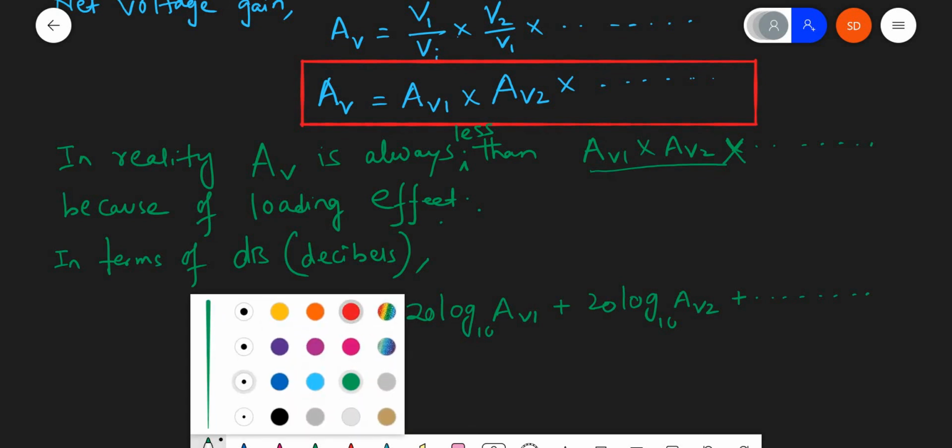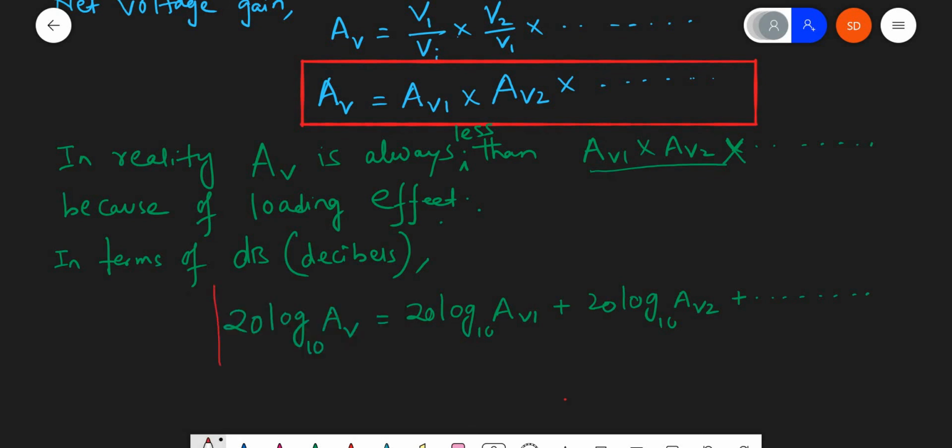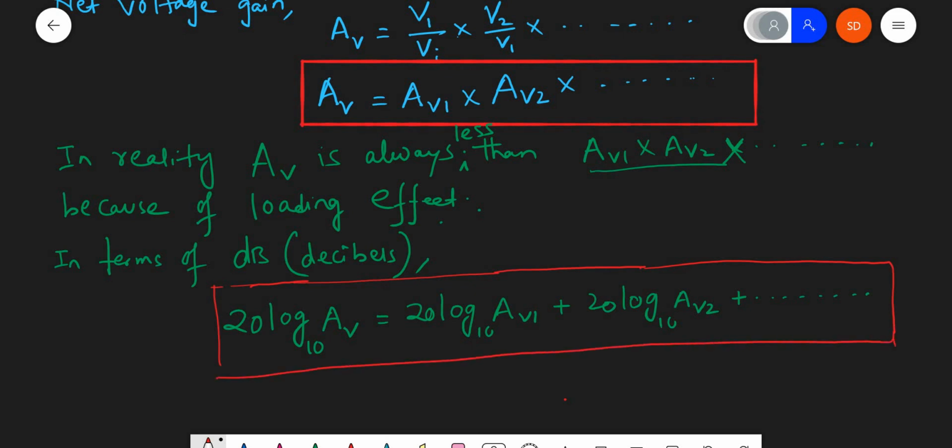So this is the expression for the net gain for a multi-stage amplifier. We can express it in this form or in this form.